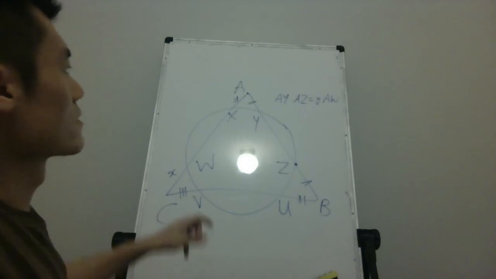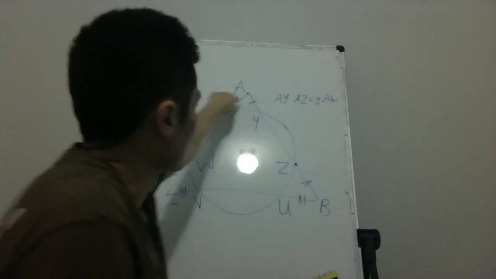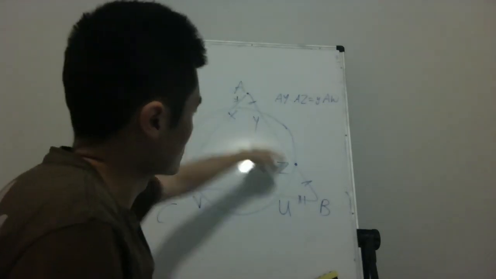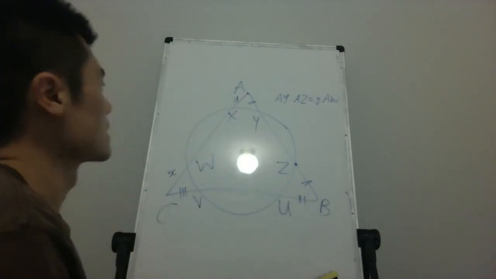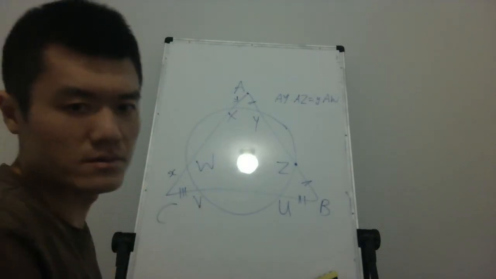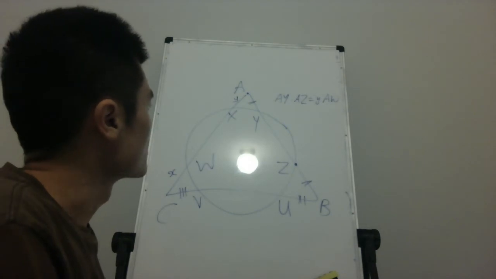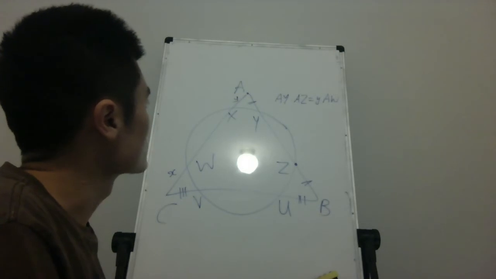You can look this kind of thing up, but really it follows from this small triangle at the top being similar to this big triangle, and the angles are equal because of the cyclic quadrilateral. And then you just find the appropriate ratios. Okay. So we can start with something like that.